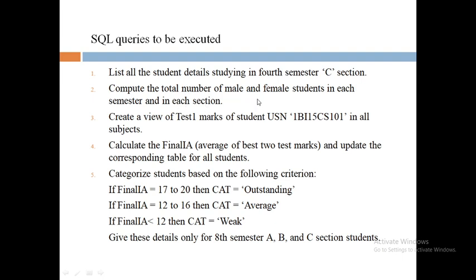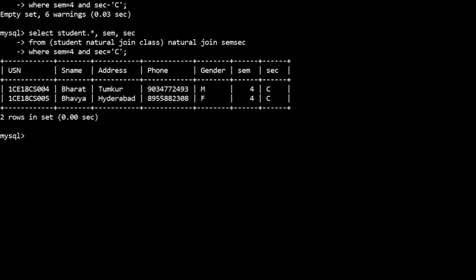What is asked is, in each section and each semester, we need to find out how many male students and female students there are. So first we need to select sem, section, and gender, and we need to get the count of male and female students. You can write count star or count of gender.